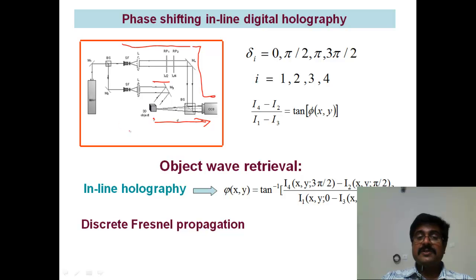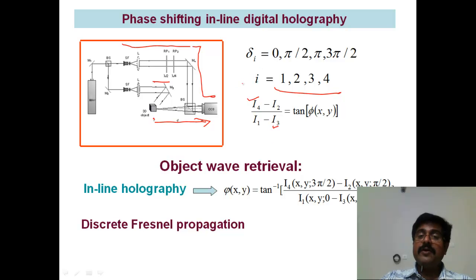So in this process, we record four holograms, I1, I2, I3, I4. And from this, how can we retrieve the complex 3D information without the noise terms?